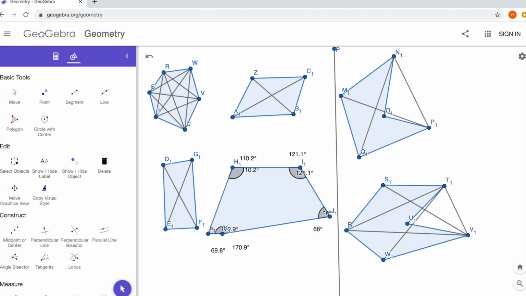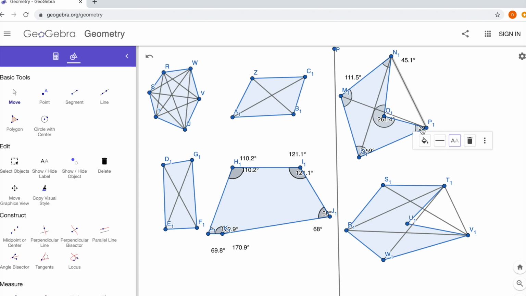But in this polygon, if we talk about angles, we see that the angles are 110.1 degrees. I move it so that it will be easy for you. 44 degrees, 45.1.